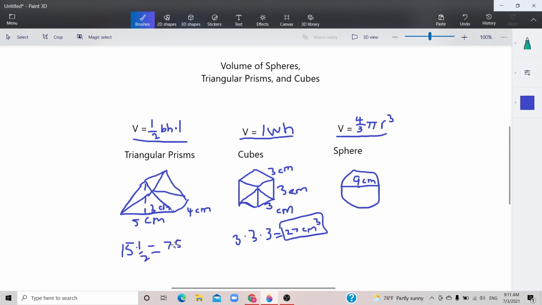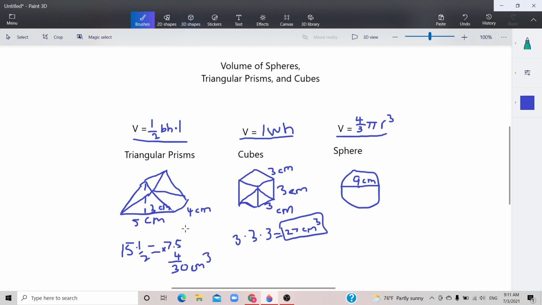And then when we multiply that by 4, we get 30 as our answer. 30 centimeters cubed.